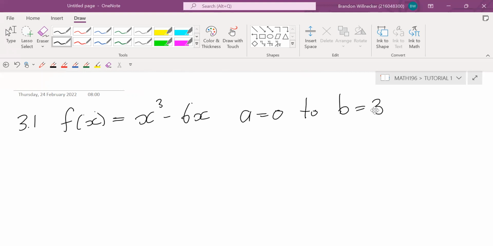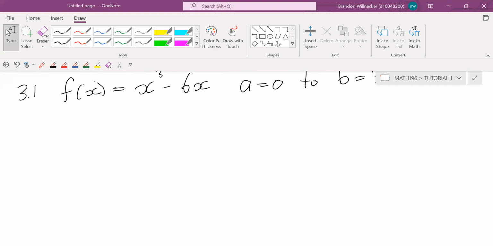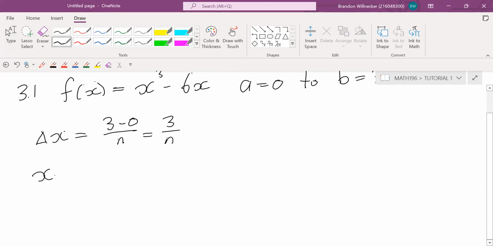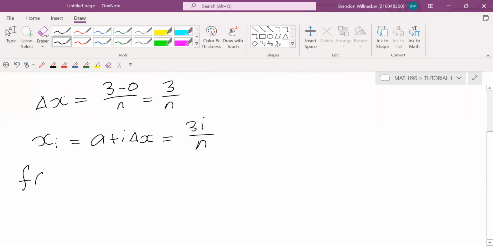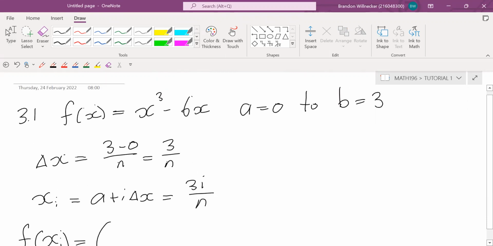Okay, so the first thing we need to do is those 3 pre-steps. So that is finding our delta x. So that's going to be 3 minus 0 over n. So that's 3 over n. Next, we need to find x_i. So that's going to be a plus i delta x, or we can write that as 3i over n, because a is 0. And then lastly, f of x_i is going to be, well, what was our function?